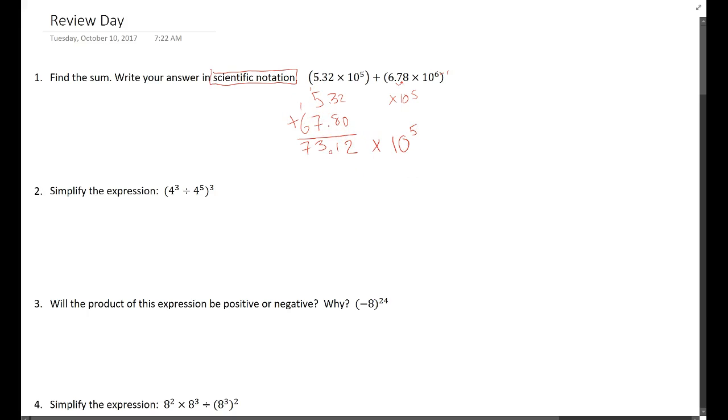However, you should remember that this is in bad scientific notation. I cannot have that, so I need to move this decimal place back 1, which means when I move left, I add, and I end up with a final answer of 7.312 times 10 to the 6th.